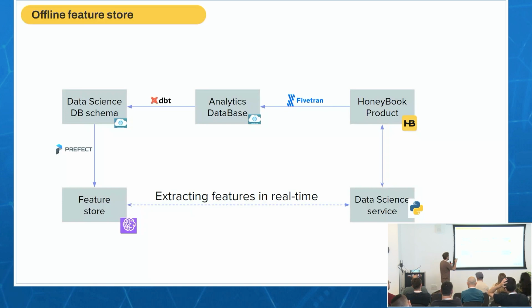So what is the process? First of all, let's talk about the feature store ingestion, how we take the text from the product and make sure that it is in the feature store in the right way. So we have the HoneyBook product. The information in our case is all the past correspondences of the member. We want to use them to assess the writing style.